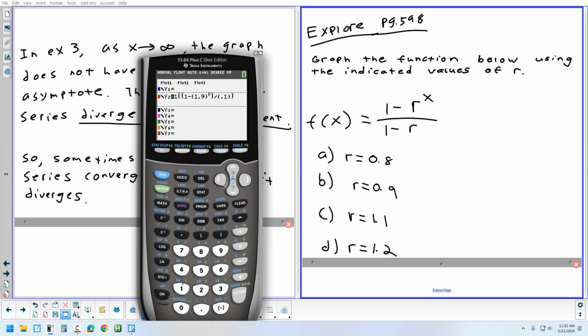Now, let's do 1.1. So let's do 1.1 for the r value, and then the denominator would be 1 minus 1.1, which is negative 0.1. Okay, so let's try this one. What does it look like is happening this time?